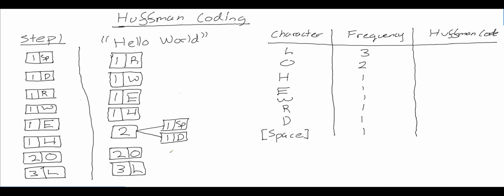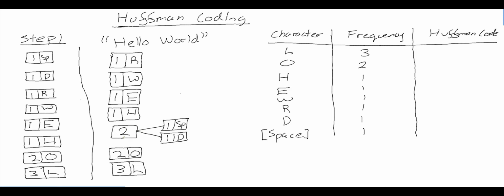What I've done is taken the top 2 nodes, so in step 1 that was space and D, and they both occur once in our string of text. I've added the number of occurrences together, so I get 2.